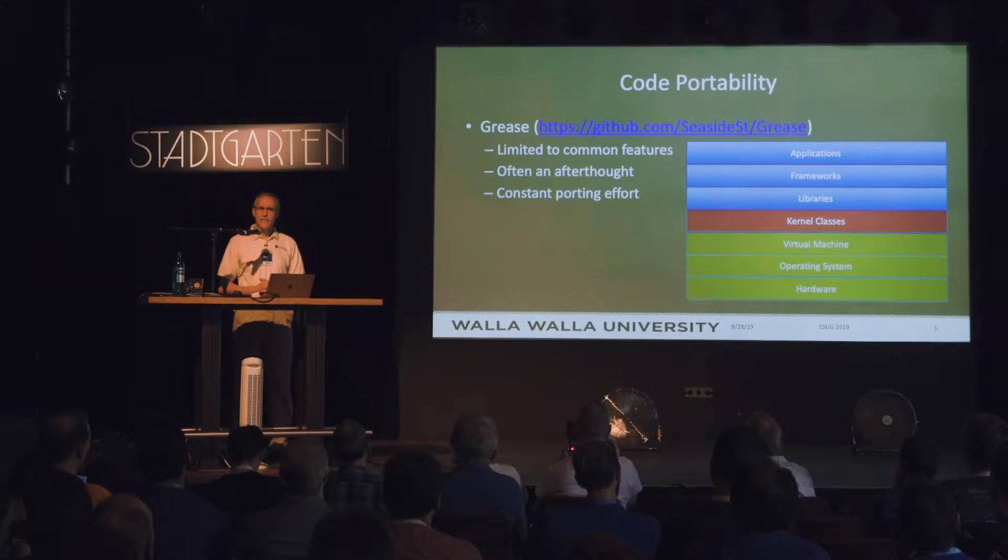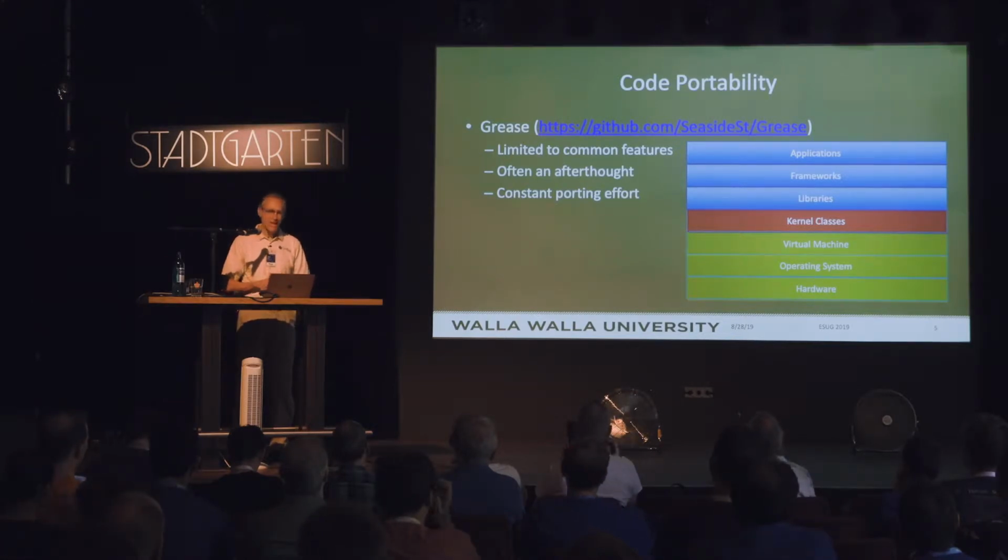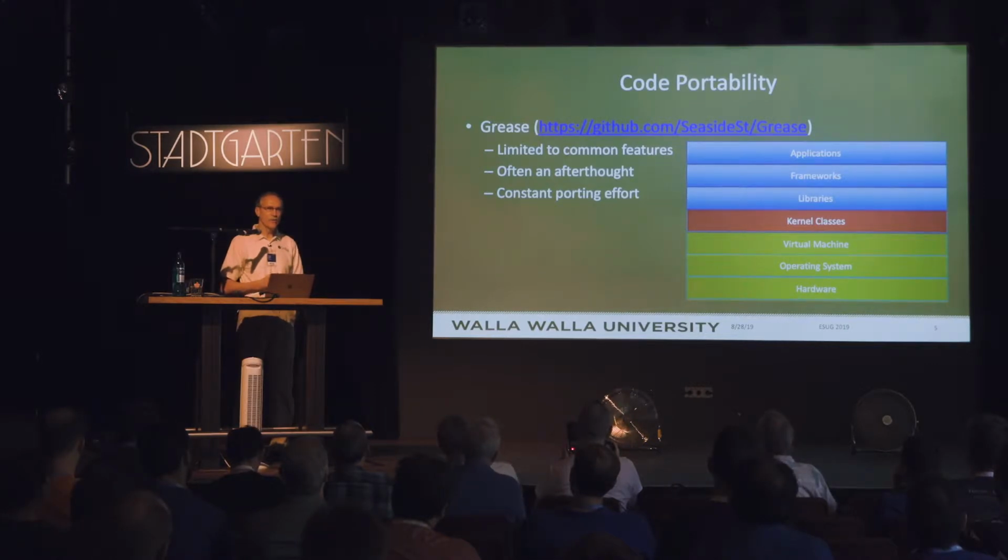Typical way of doing this currently is to use something like Grease, a portability layer, where built on top of the kernel classes, you have this basic layer where you can say, if I want to use sockets, I don't use the Pharo sockets, I use the Grease sockets. If I want to do file systems, I don't use the Pharo files, I use the Grease files.